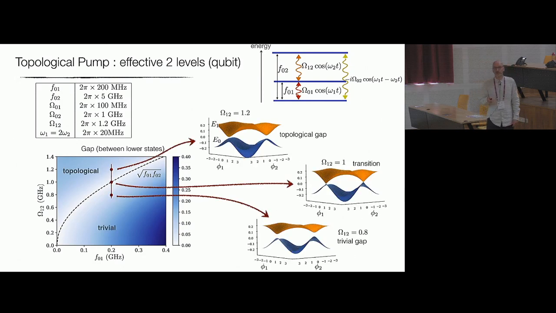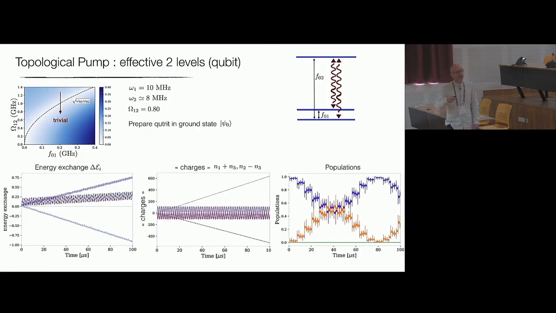When it's too small, what you get is a gapped system, which is trivial. The Chern number is 0. Then you have a phase transition where you close the gap somewhere for some of the phases, and then you have a topological phase. If you look at the power transfer between the different environments, and you hook up this effective charge I was mentioning, then you find no transfer, as it should.